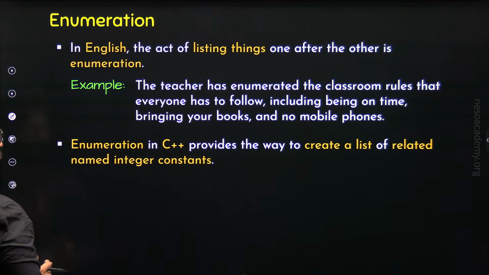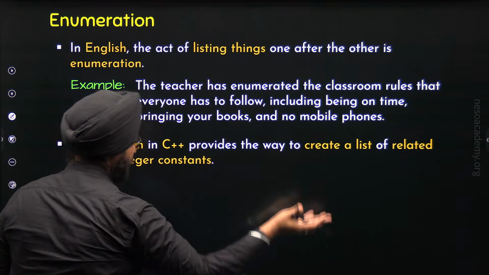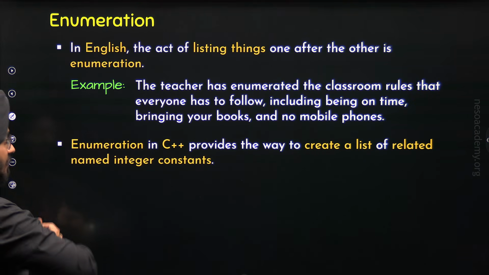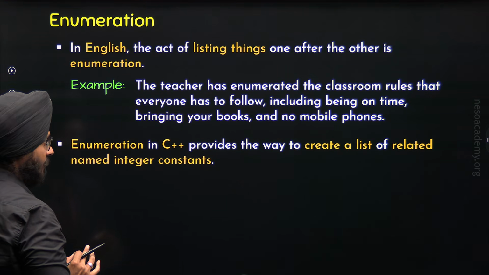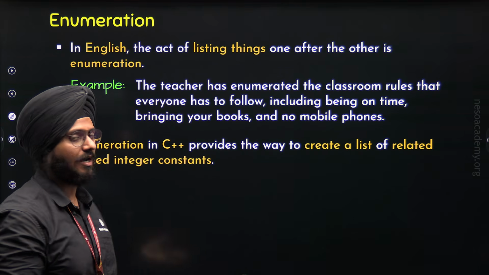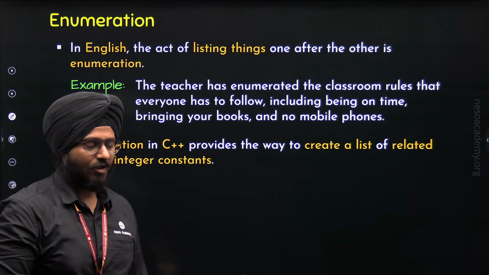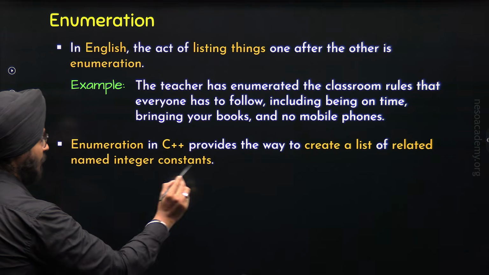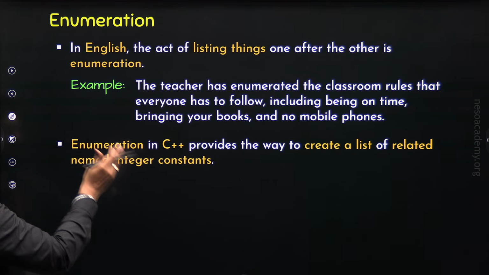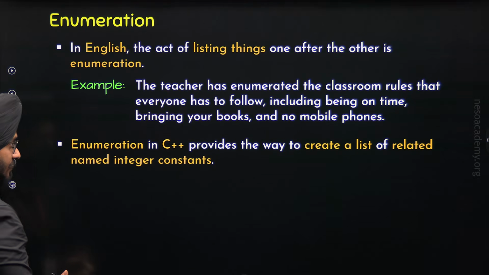It is also the way of creating a list, that is, listing down things. But the things are quite restrictive. We are allowed to have a specific type of things. We can only have named integer constants in the list. This is what enumeration in C++ is.